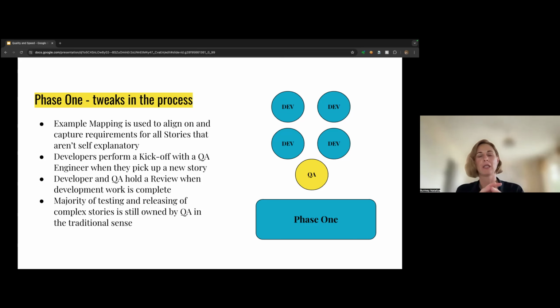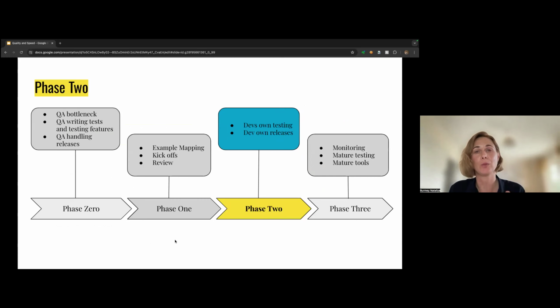Which means you've done a lot of work on the left, and you don't really need to have that column for testing. That was a gradual transition because still a lot of complex testing was done by QAs, right? But with time, it was a requirement that you move to another phase where you shouldn't have that column.